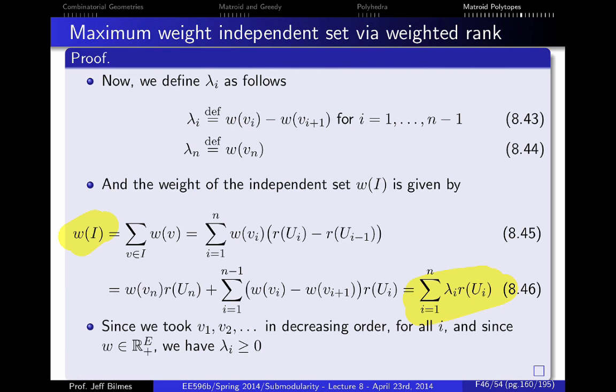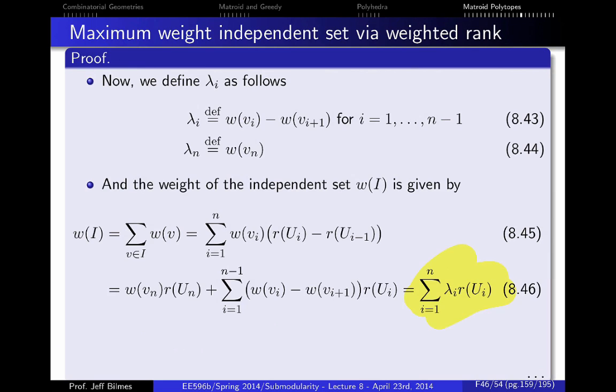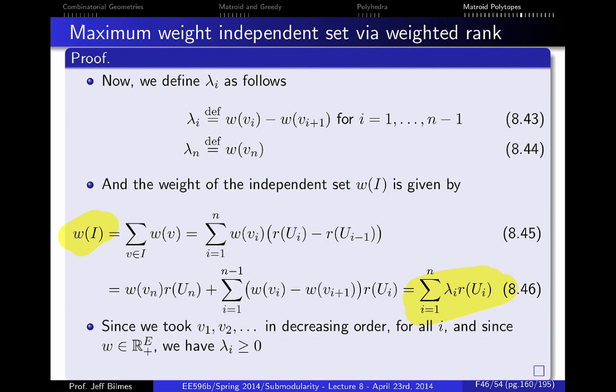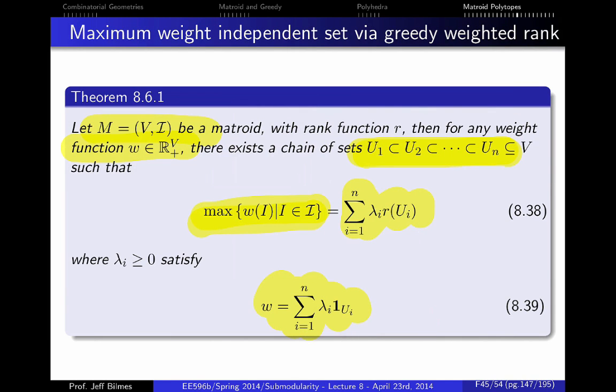We can write it in this particular way, where, moreover, the weight vector itself can be written as the sum of the weighted characteristic vectors, which we saw before. Maybe I should even go back to the proof of the theorem. Okay, any questions?